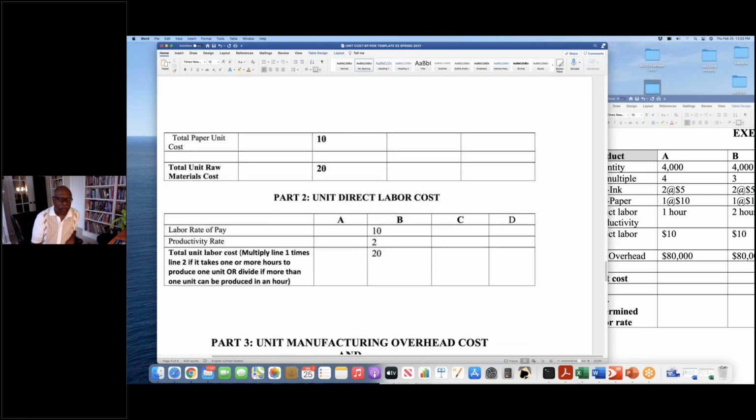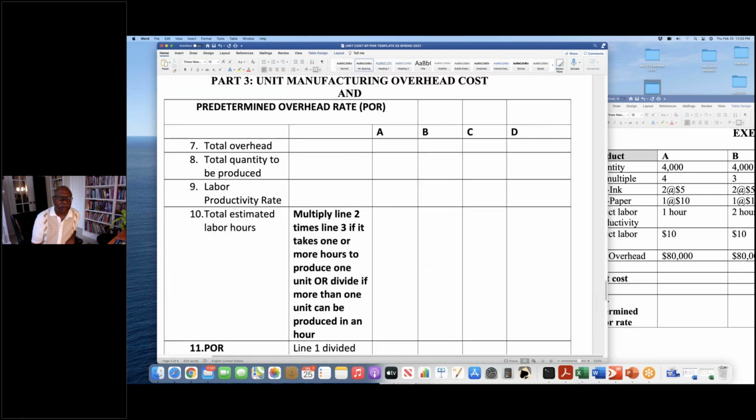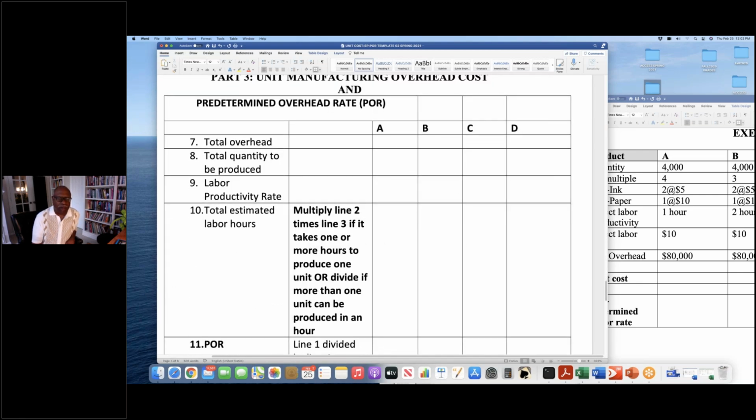Now we need to work with this overhead. Okay. What's our total overhead? 80,000. What's the quantity to be produced? 4,000. So, and our labor productivity is what? 2.